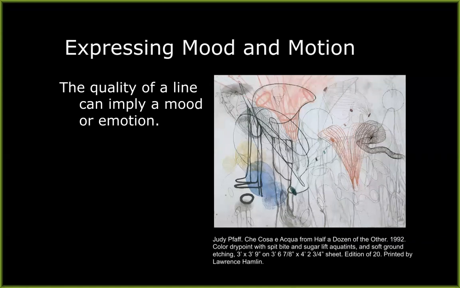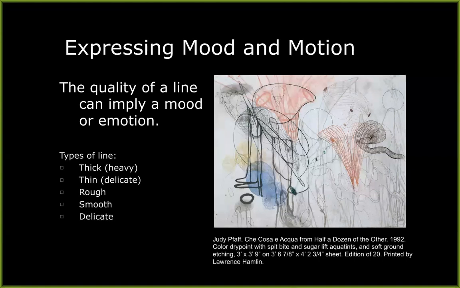For me, it seems kind of musical, but it's just using a lot of different types of line and a little bit of color. Again, just like whether your lines are horizontal or vertical or diagonal, the type of line that you choose to use can help convey a certain mood or emotion.